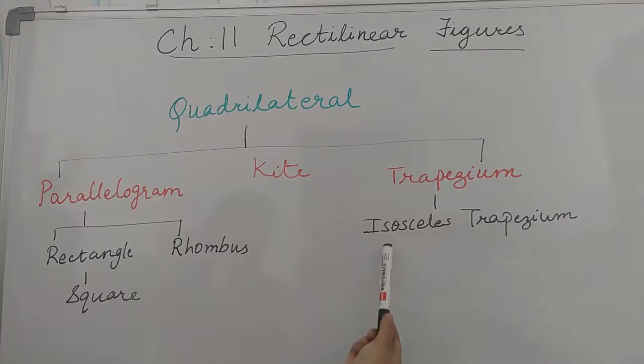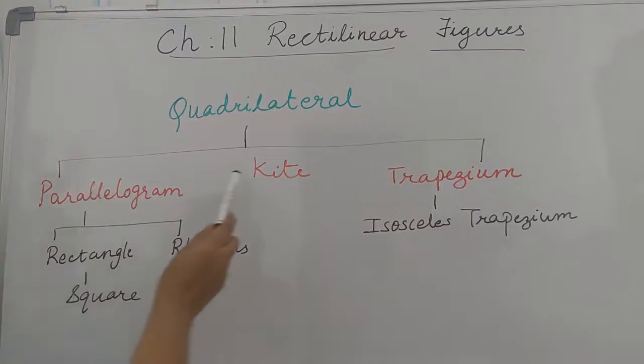And an isosceles trapezium means one pair of sides is parallel and the other sides, which are not parallel, are equal. So that is called an isosceles trapezium. So now, students, in short I explained what a parallelogram, kite, trapezium and other types are. Now with the figure we will learn the properties of these quadrilaterals.